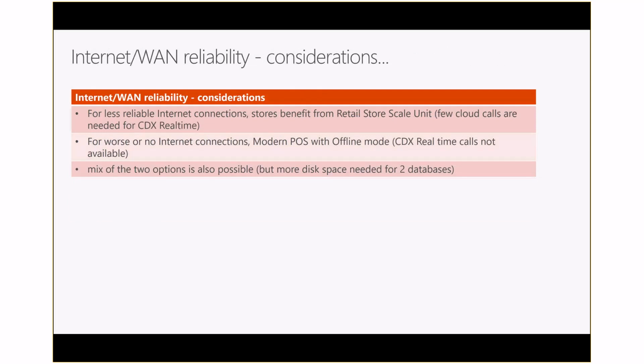So what about our internet speed and reliability? What are the things that need to be considered there? As I showed earlier, the scale unit helps to scale the calls if we are closer to the scale unit versus the cloud.